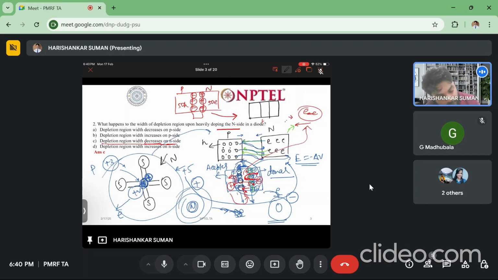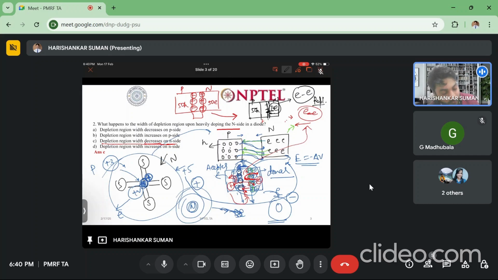Let's say initially 70 electrons and 50. If the number of electrons is more, they feel more repulsion force, so they can push this boundary.